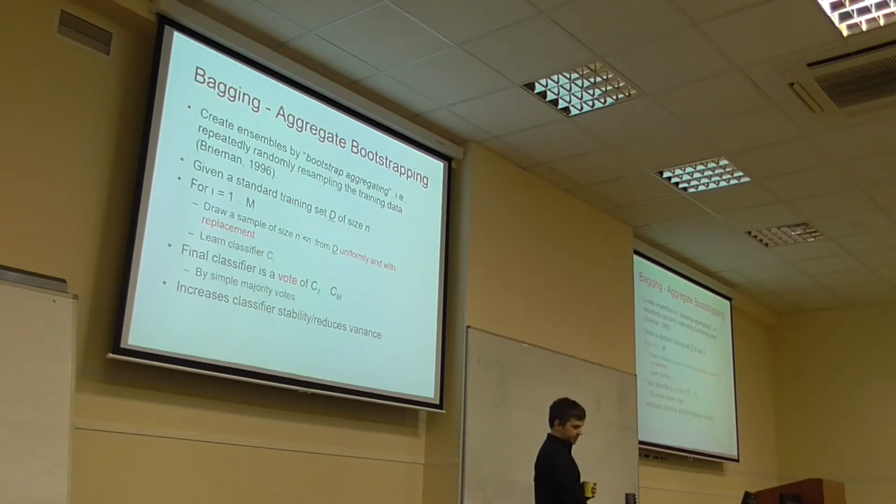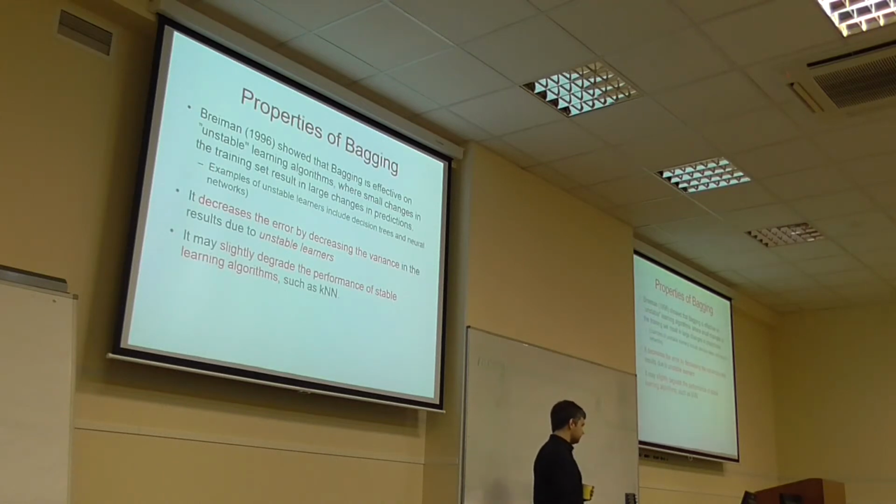It increases the stability of classifiers and reduces the variance. So it's quite useful: it decreases the error by decreasing the variance, and it's good for unstable learners, those learners that are weak and whose decisions are easy to change.